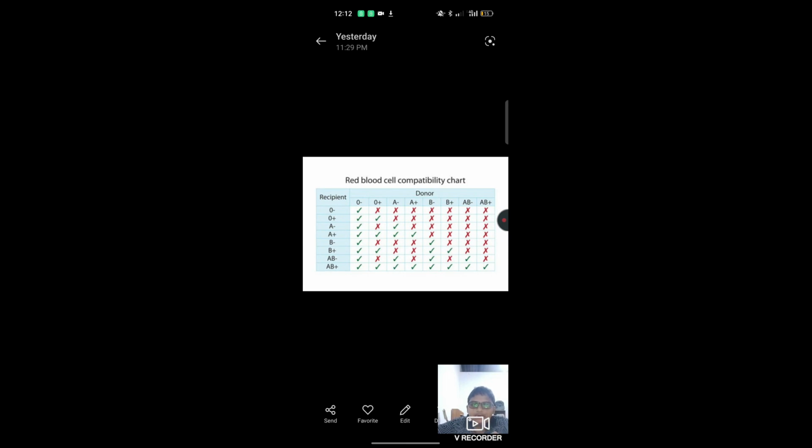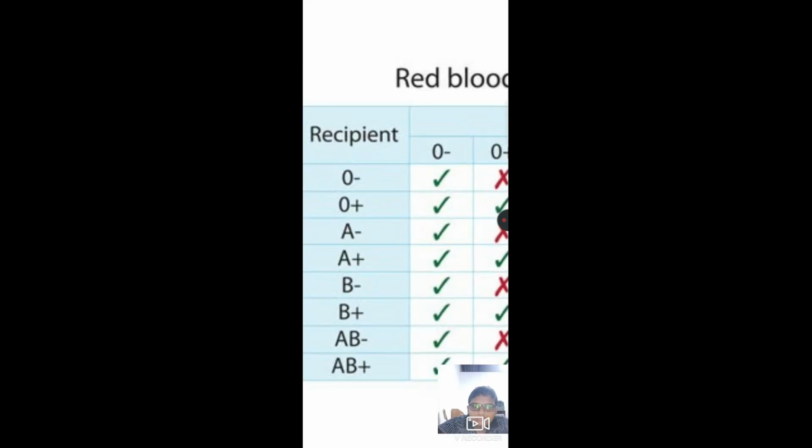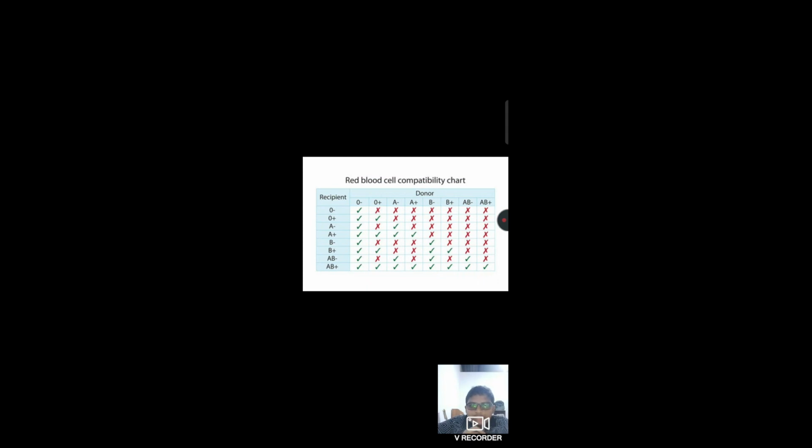If we take O positive, it can give only to O positive, A positive, B positive and AB positive, because it can give only to positive ones. If the donor gives blood to a negative person, the rhesus factor is going to his body newly. That cannot happen. If that happens, the person will die.